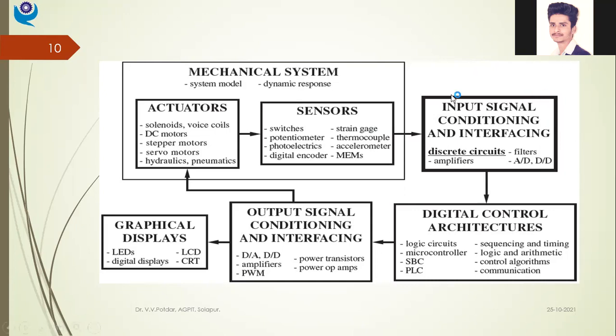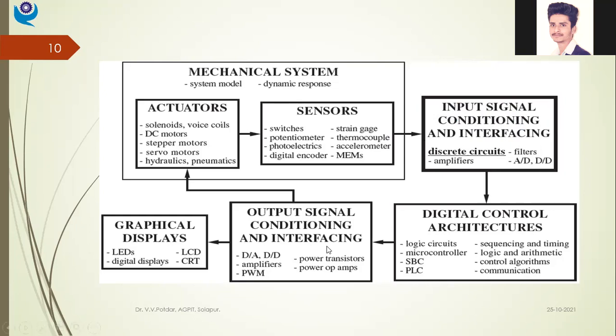So there I will be needing some input signal conditioning devices, right? This input signal conditioning device will receive the signal from the sensor transducer, convert it, process it. Maybe I'll be amplifying it, or maybe in some cases I need to attenuate it, reduce it.